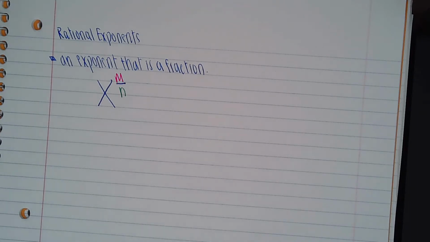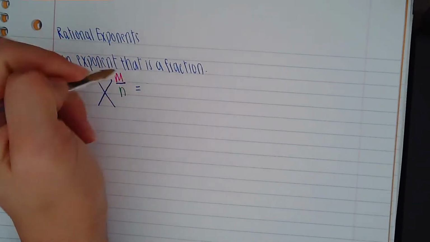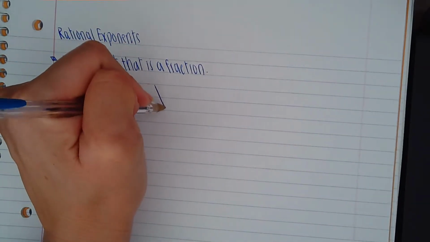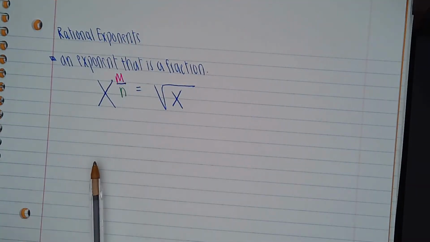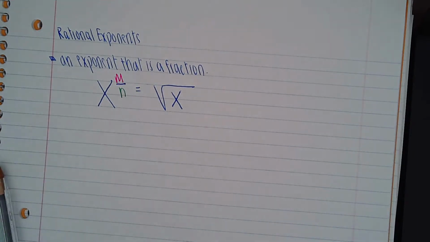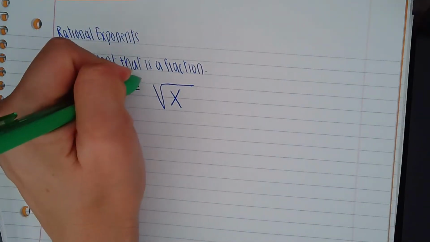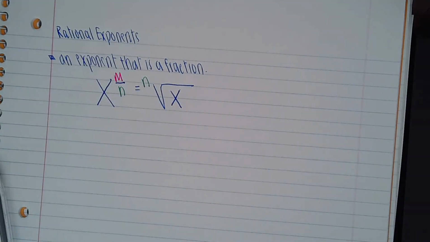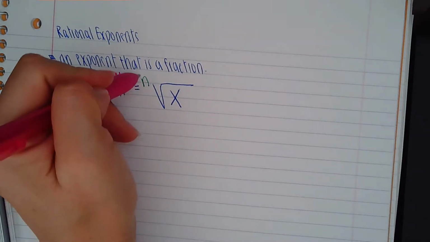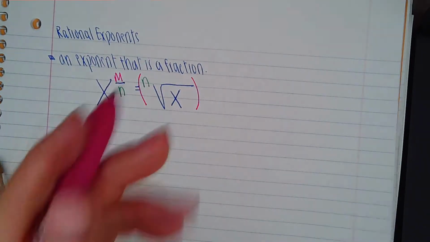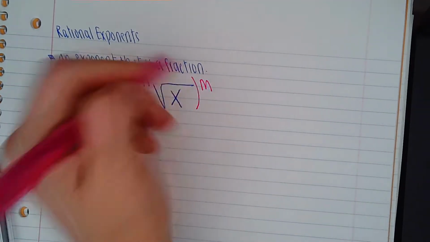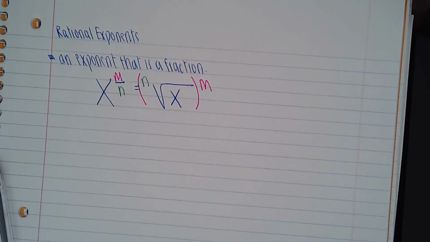So it's a fractional exponent. Well, what that actually equals is the nth root of x, all right? And then what I think of is that whatever's on the bottom here, that's whatever root it's going to be raised to. And then I like to think of it as being in parentheses, and whatever the numerator is, that's actually the exponent it's raised to.